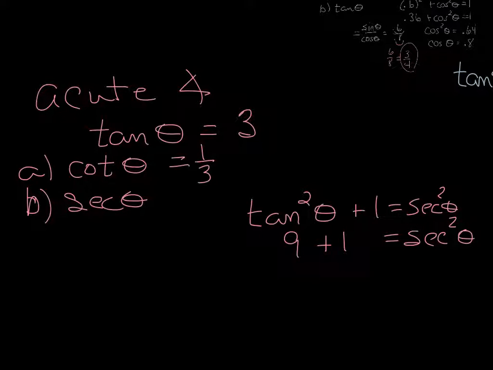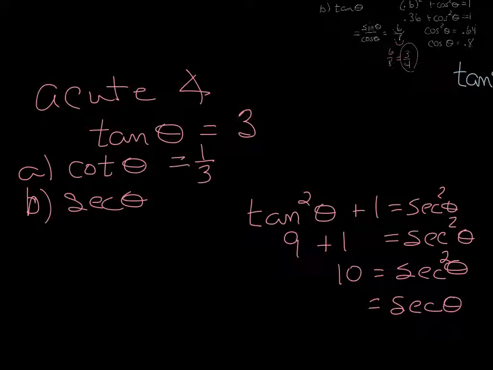So the secant squared is 10. Go a little bit slower. Okay. And if the secant squared is 10, what is the secant? It's just the square root of 10. Simplify.